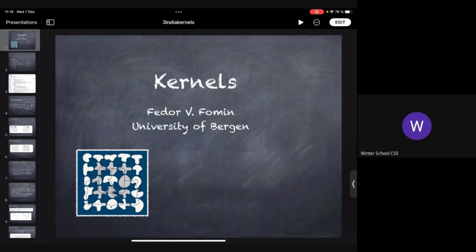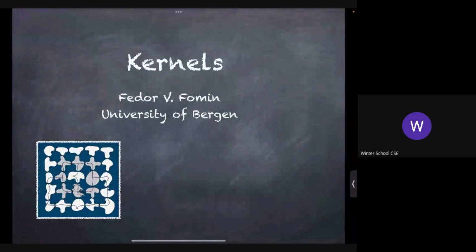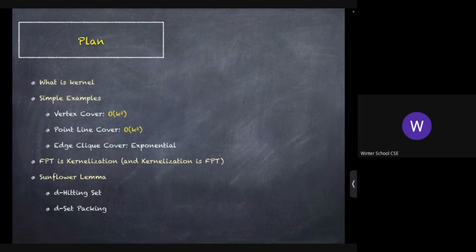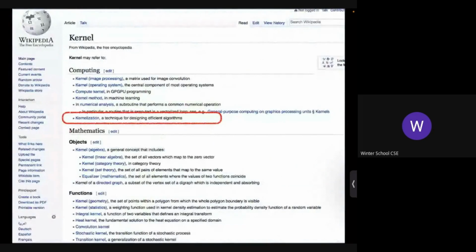Okay, I want to speak about another different and quite interesting part of parameterized algorithms, which is called kernelization, or kernels. My plan here is I will just speak a little bit about what a kernel is, and I will give some very simple examples, and I probably will not go even further, depending on how fast we go.